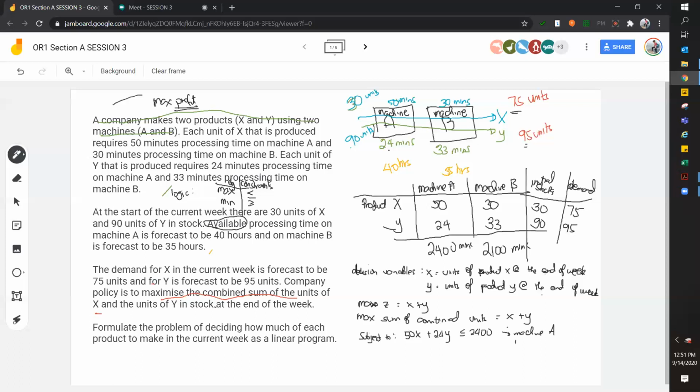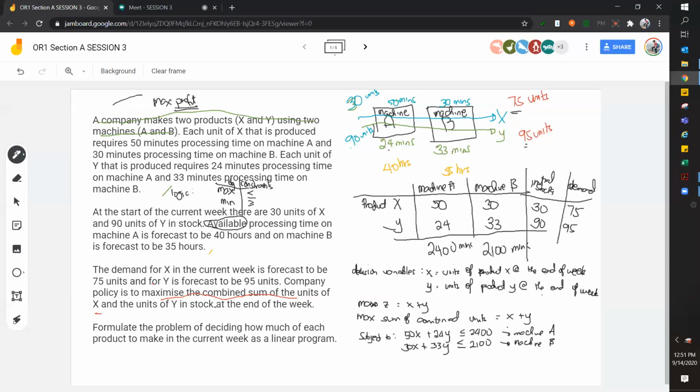So this one is for machine A. And similarly, ako na magme-mention for machine B: 30x plus 33y is less than or equal sa 2,100. So again, everything here are in minutes.